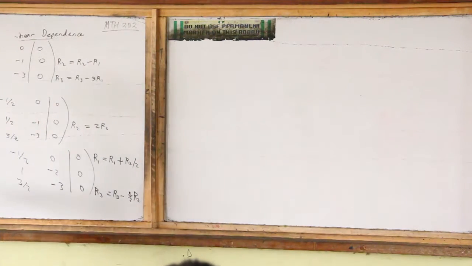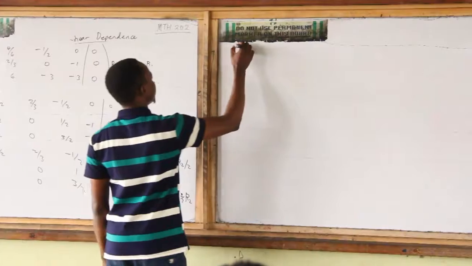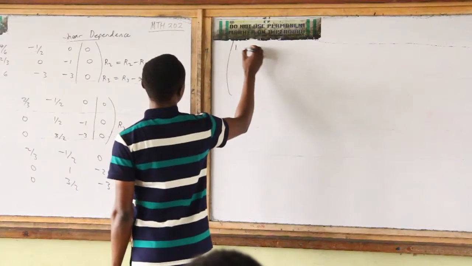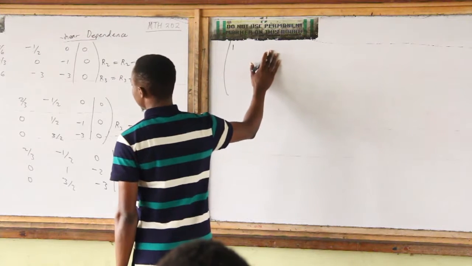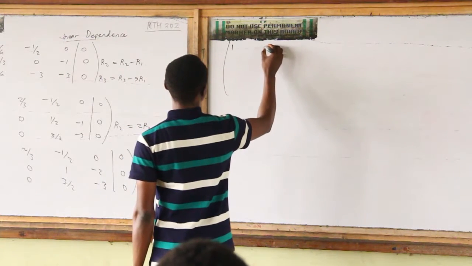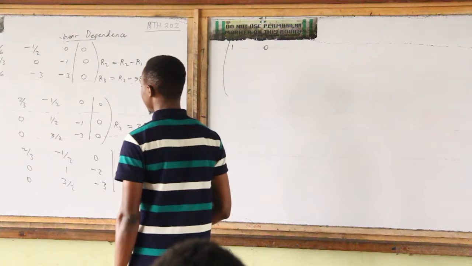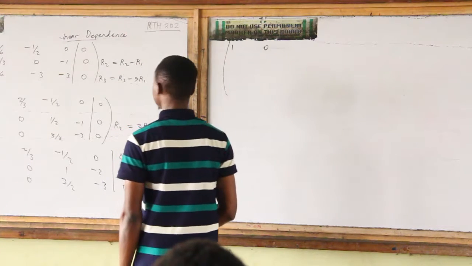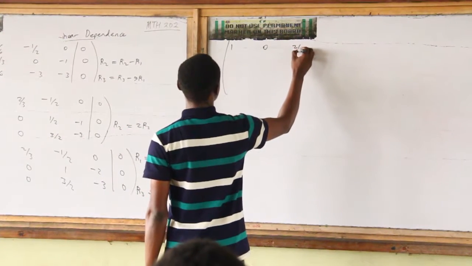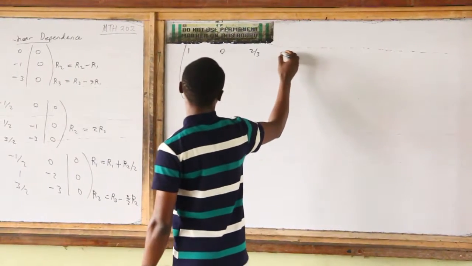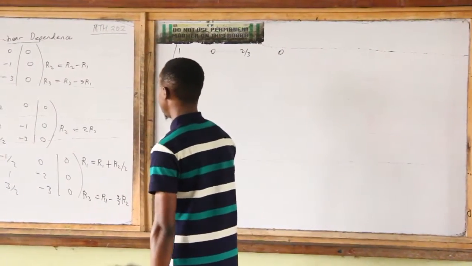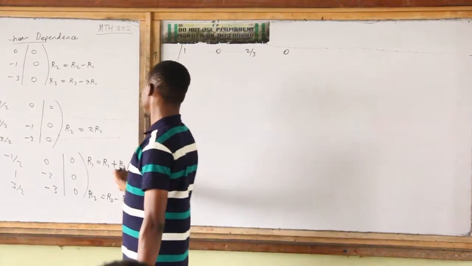So what will this give us now? So this is going to give us 1 minus 1 over 2. 1, 0, right. Next one is going to be what? So it remains 2 over 3. On to the next one, that will become 0. And the last one, R1 plus R2 over 2.